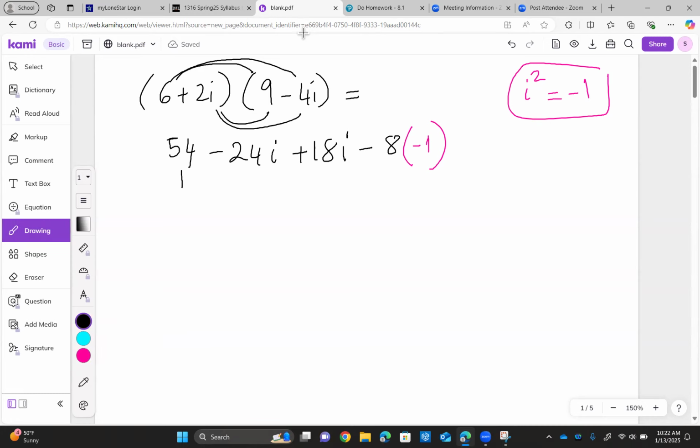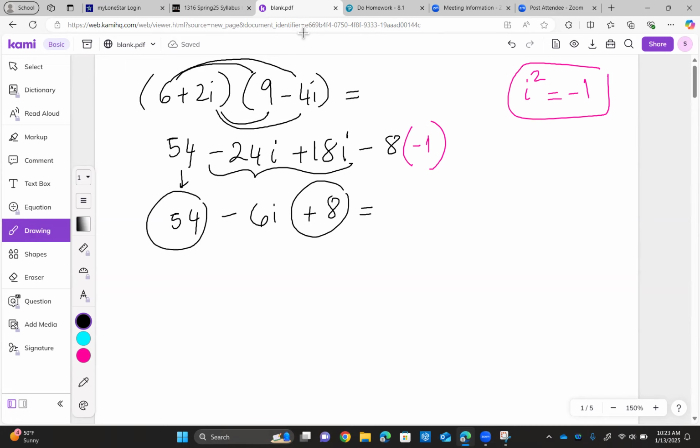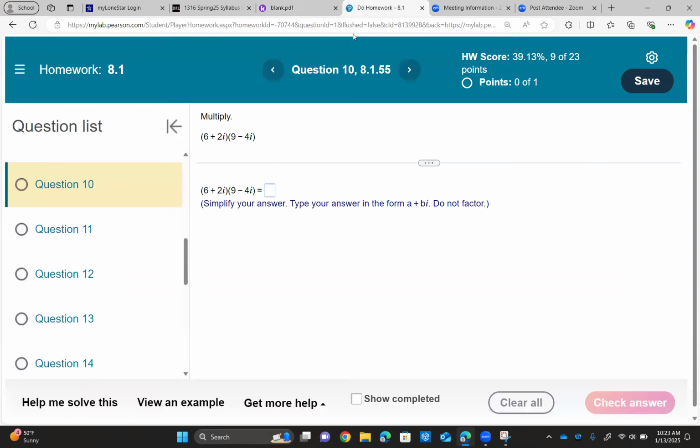So here, 54 will be copied, and then these two imaginary parts, negative 24i and positive 18i, total negative 6i. And then negative times negative here is positive, and 8 times 1 is 8. Now, these two numbers will be combined, and that gets me 62 minus 6i as the expected answer for this problem.